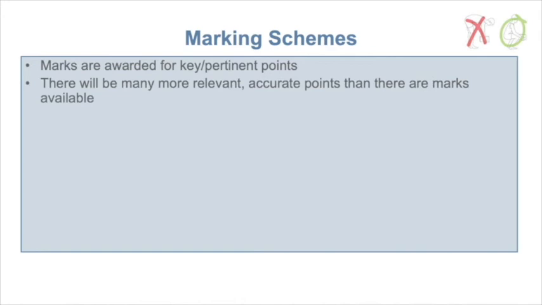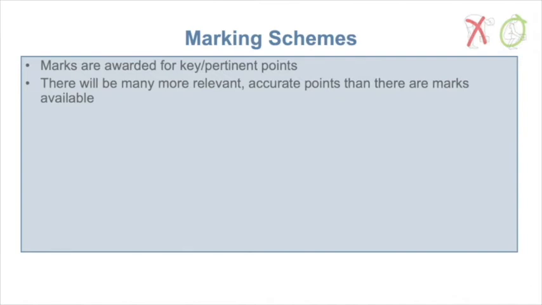There will be more, or many more, relevant, accurate points than there are marks available. This is a good thing. A typical fact-finding question, for example, might say 10 marks next to the question in brackets, to let you know the maximum marks available. When you are writing or typing your answers, in that example you always go through at least 2 or 3 more, because in all likelihood there's going to be 12 or 13 marks available on the marking scheme.